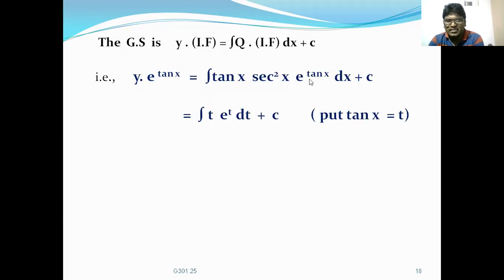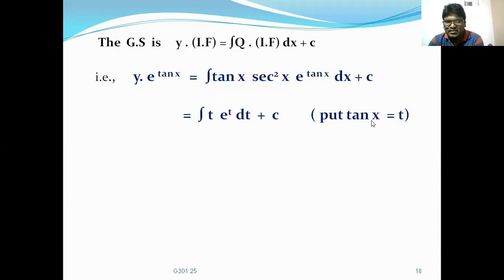In this equation, where secant square x dx is there, we replace it with dt. Here tan x becomes t, and here also tan x becomes e power t. Then secant square x dx becomes dt.